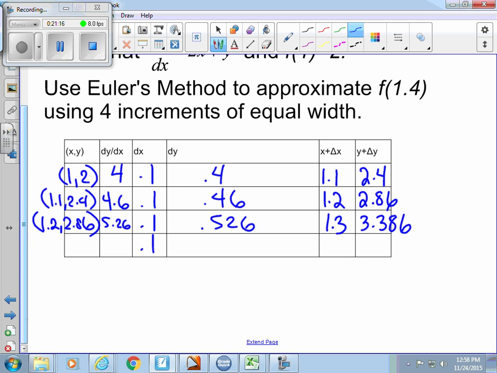Alright, 1.3, 3.386. What's the slope? That's right. Times 0.1 would be 0.5986.